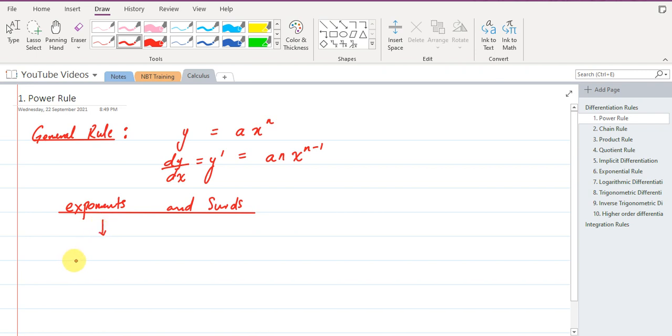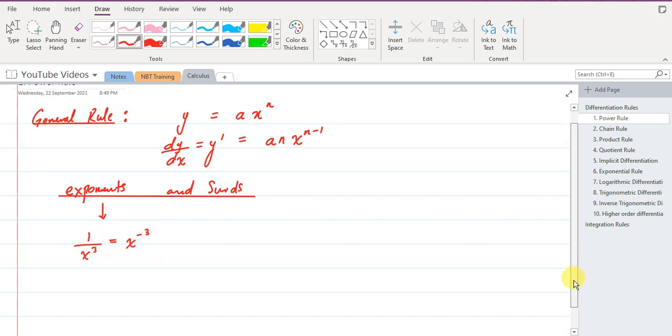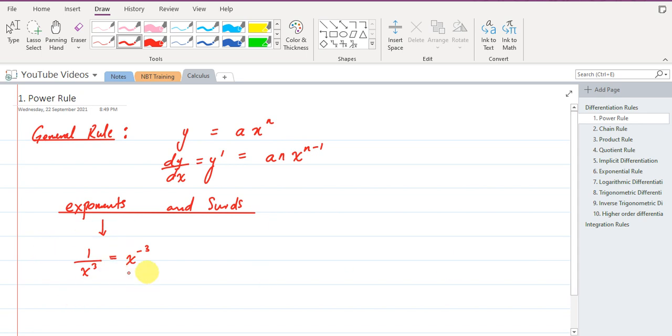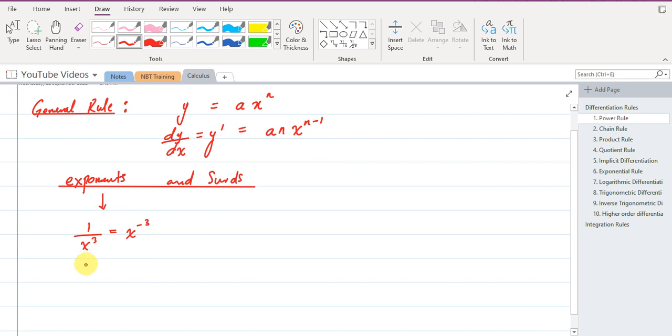Looking at an example like 1 over x cubed, we need to write it as x to the power minus 3, because we want to write everything in terms of power rule. In general, if I have 1 over x to the power n, that just becomes x to the power negative n.